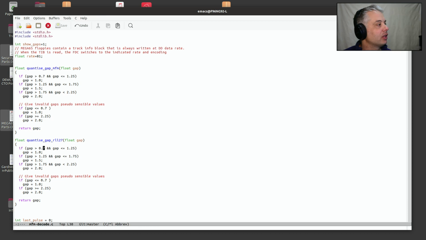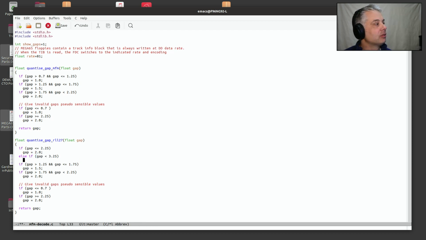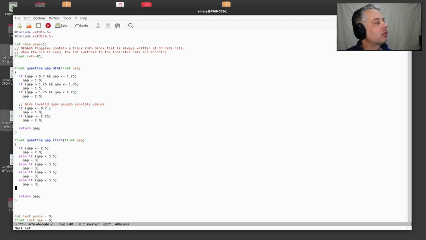Right, so if the gap, so that will now be double that. So, realistically, if the gap is less than 2.25, we will call it a 2. Else, if gap is less than 3.25, we'll call it a 3, we can make these broader. 2, 3, 4, 5, 6, 7.